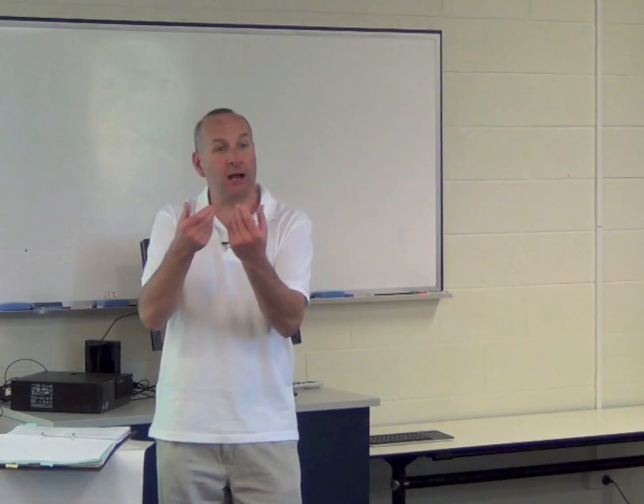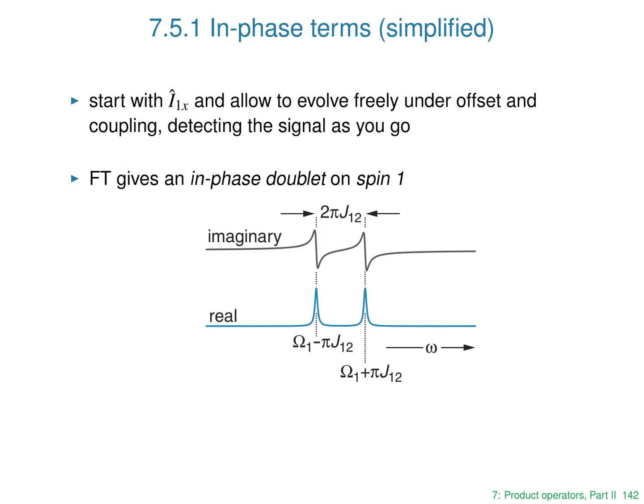If we then just allow that to evolve freely and observe the free induction signal, what you discover you get is two lines, one at omega 1 minus pi J and one at omega 1 plus pi J, and these two lines have the same sign. And of course these are the two lines of the spin 1 doublet.